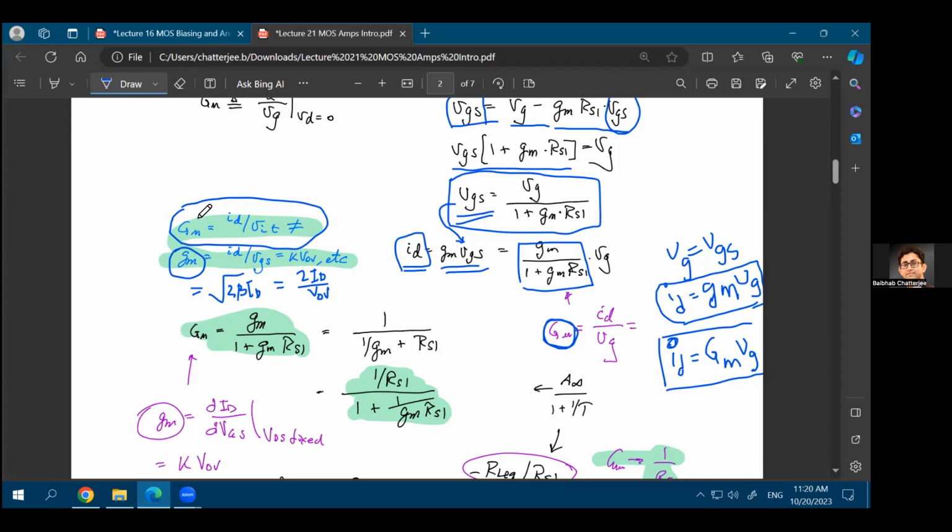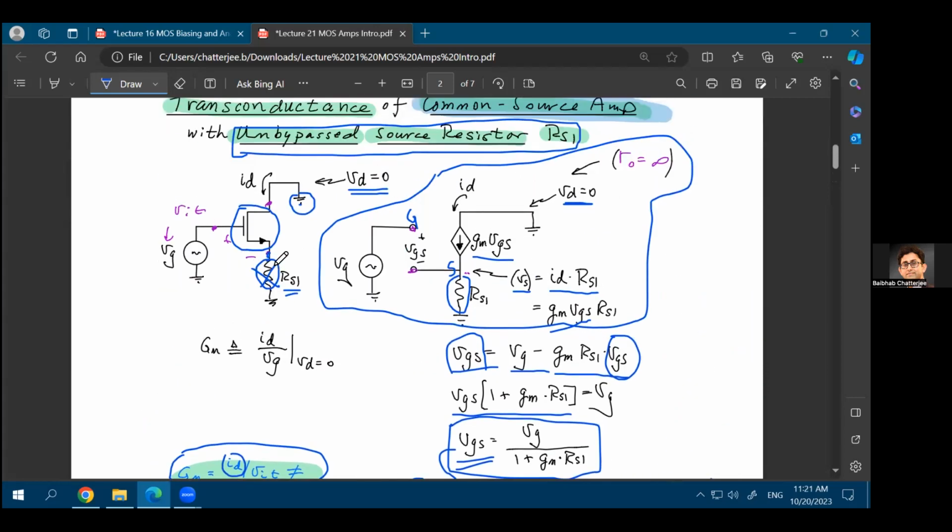This capital GM is something that we are defining for the circuit, that is, the effective gm that you see at the circuit if you have your output current of the circuit as ID and input voltage of the circuit as, let's say, VIP or VG in this case. The lowercase gm and the uppercase GM will be equal only if the degeneration resistance is not there. They will be equal when the degeneration resistance is not there.